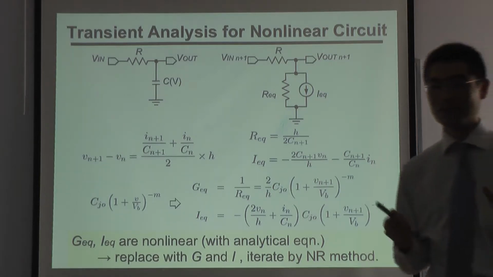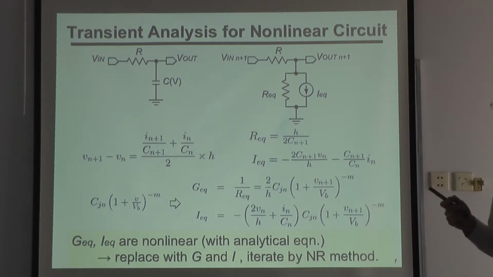But what I want you to understand is that when the capacitance is nonlinear, the capacitance can be converted into a current source and resistance, and because this is nonlinear, we have to iterate by using Newton-Raphson.